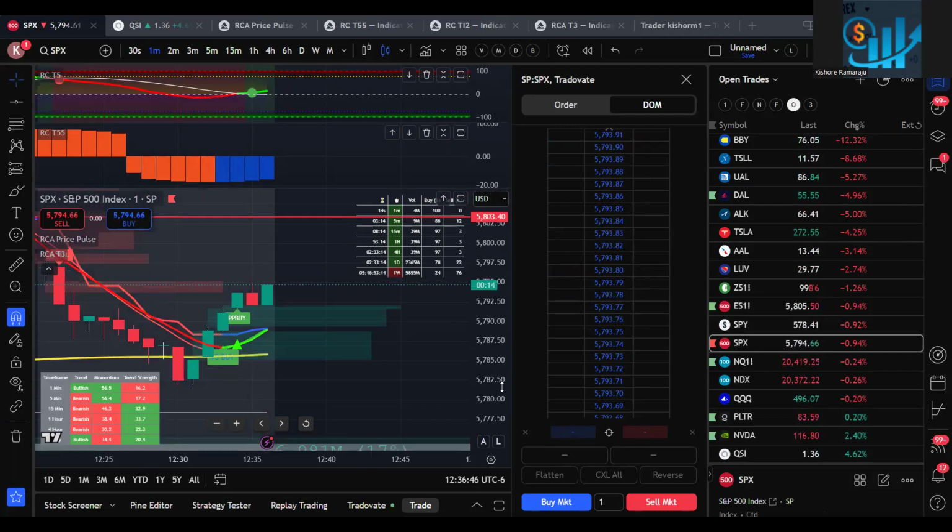PX is looking good again. This PX, if you want, you can do bull puts.